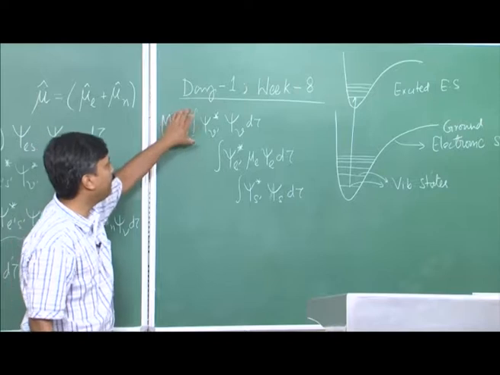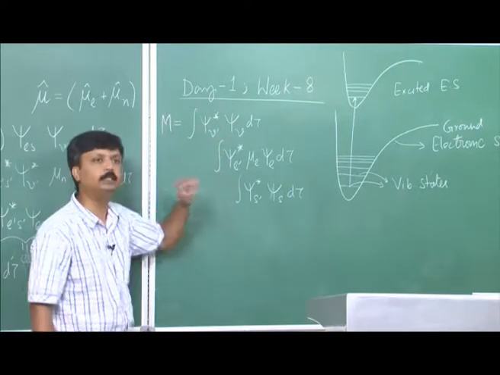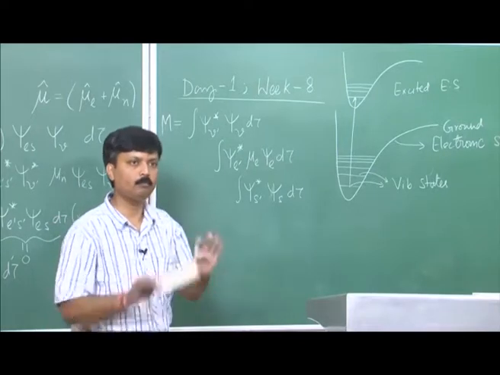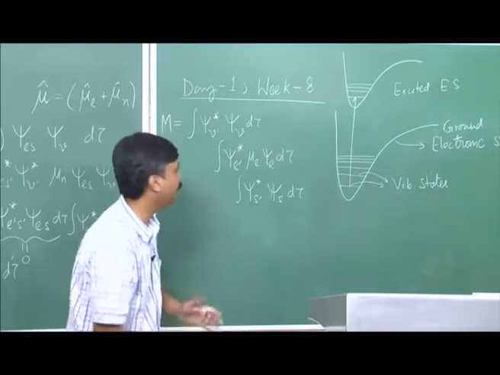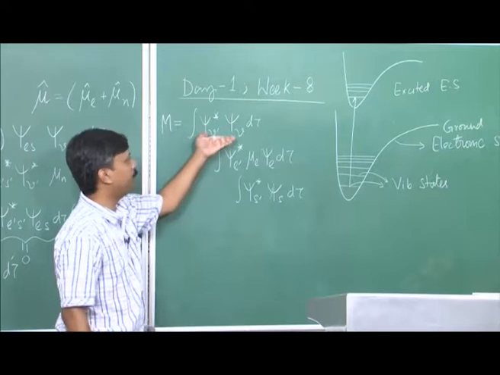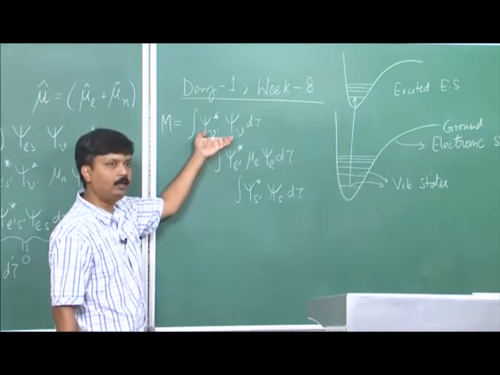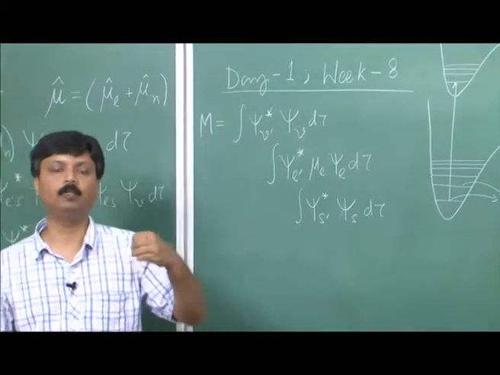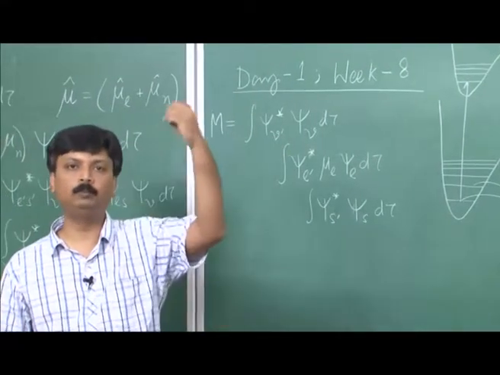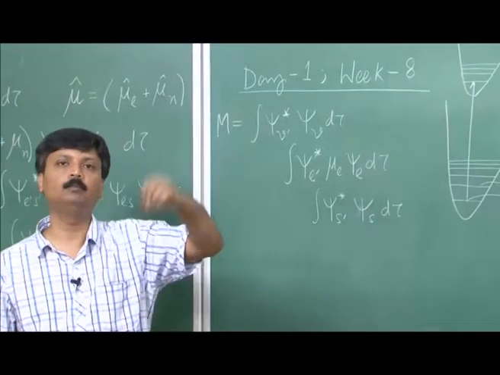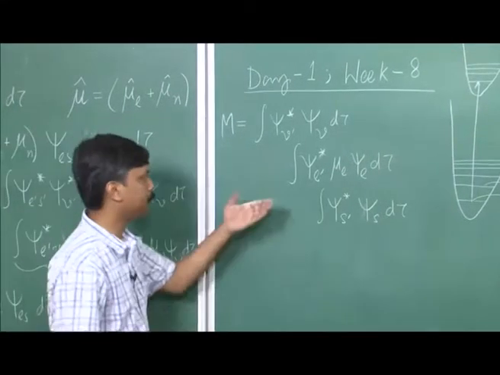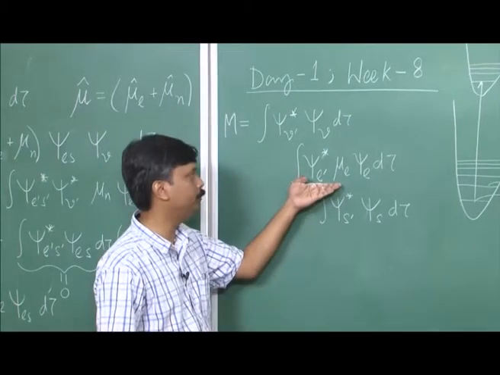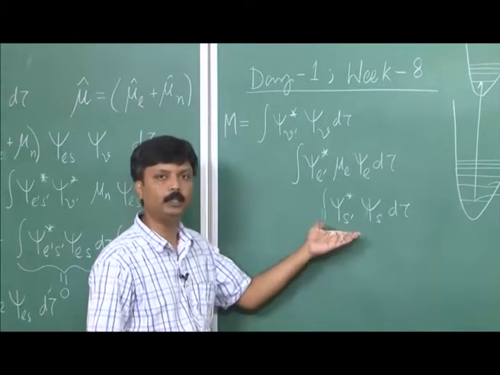Now if any of these integrals is 0, then overall the transition is forbidden. That I can say at this moment, right? Now this is a Franck-Condon factor that decides from which vibrational state of the ground electronic state to which vibrational level of the excited state the electron will make the transition. This part is the electronic transition purely, and this is the spin transition.